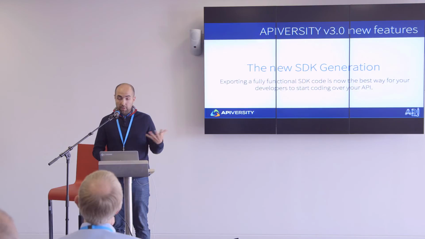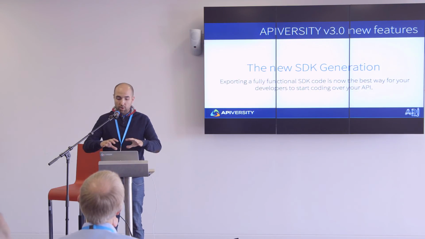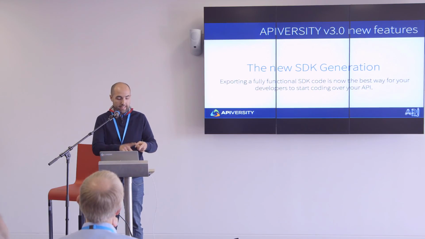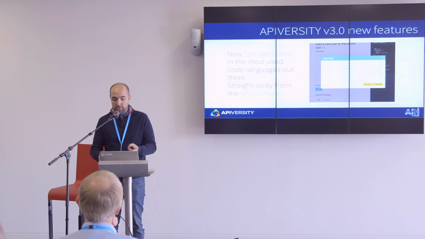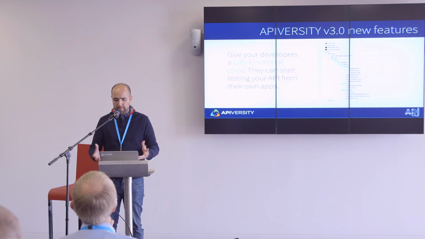And something else that I mentioned before is the SDK generation. Just to complete the whole cycle of development, you can add an API, you can start trying it, but then you want to start coding with it. So we provide a way for the developers to come here to the API console, select an API, and download, in different languages, a piece of code that can be executed straight away. It creates everything for you.